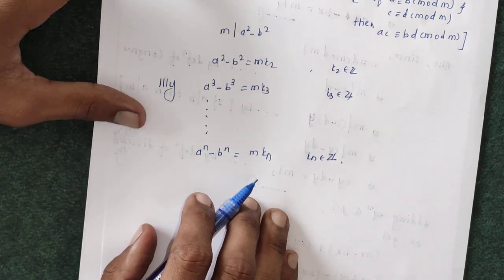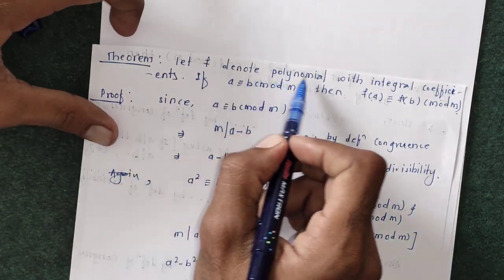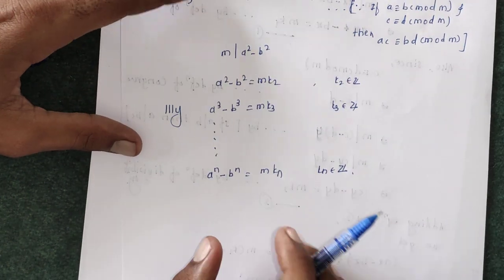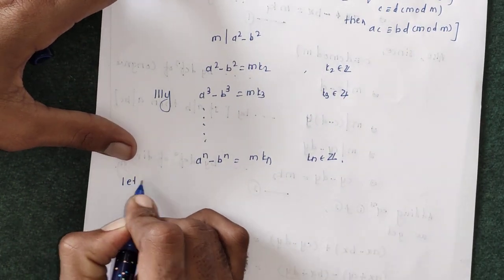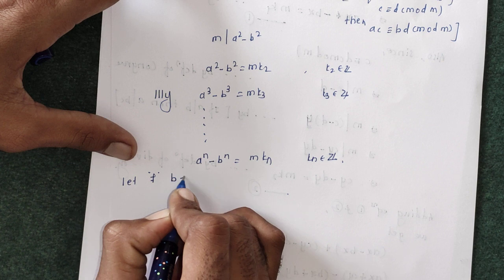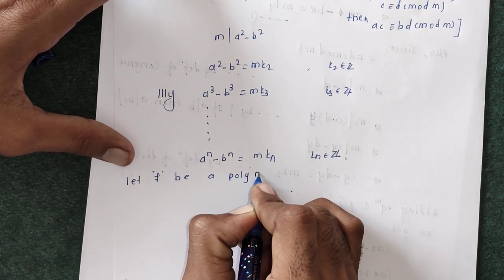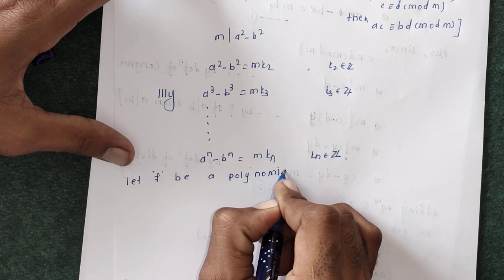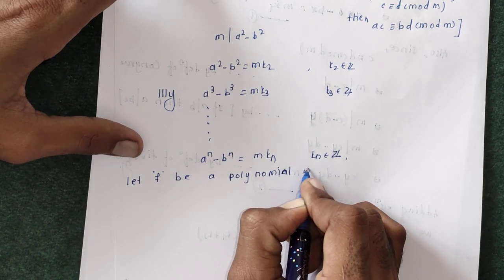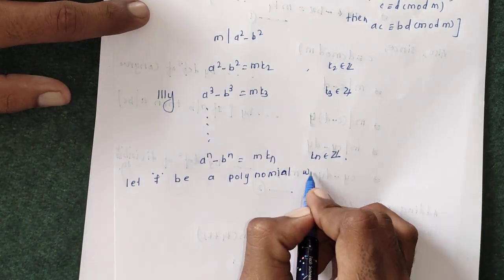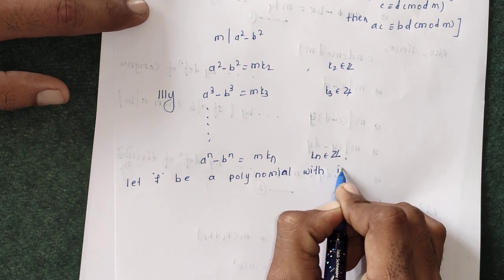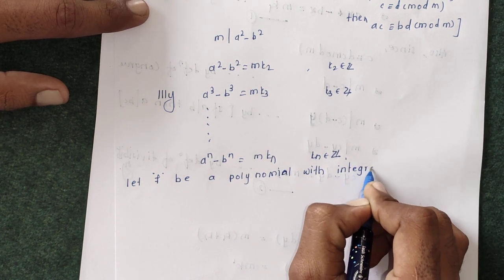Now also we are given that f is a polynomial with integral coefficients.